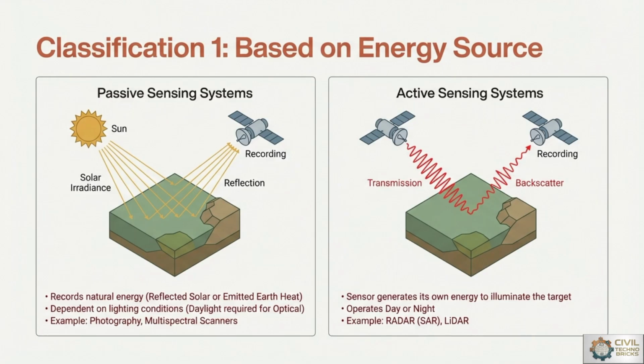The common examples include cameras, multispectral scanners and thermal sensors on board Earth observation satellites. With reference to civil engineering applications, they include land use mapping, urban planning, environmental assessment and watershed studies. Passive sensors and active sensors are most useful for the collection of data with reference to the system or imagery.